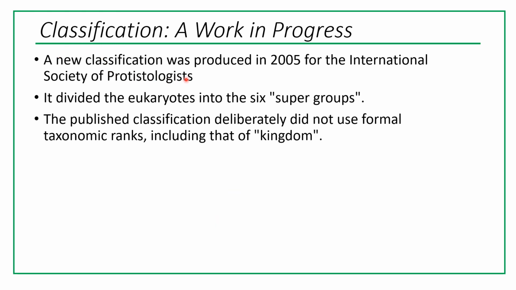A new classification was produced in 2005 by the International Society of Protistologists. So those are the people who study protists. It divided eukaryotes into six supergroups that we discussed earlier. The published classification deliberately did not use ranks like kingdom.